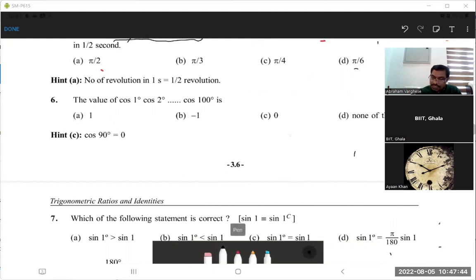So we are comparing sine 1 degree and sine 1. When you write 1, the meaning is it is a radian. Always say when I write sine x, the x is in the radian. So sine 1 degree and 1 radian, which will be more? That is the question.